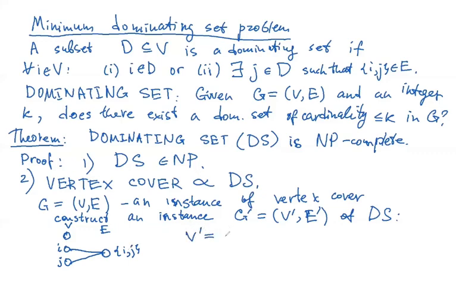So V prime here now is going to consist of a union of V and E. Because, look, we have a vertex in G prime that corresponds to every edge in addition to the vertices of the graph G. And we are looking here for a dominating set.